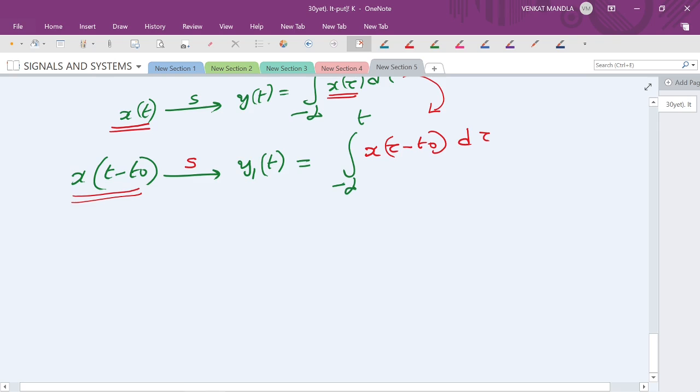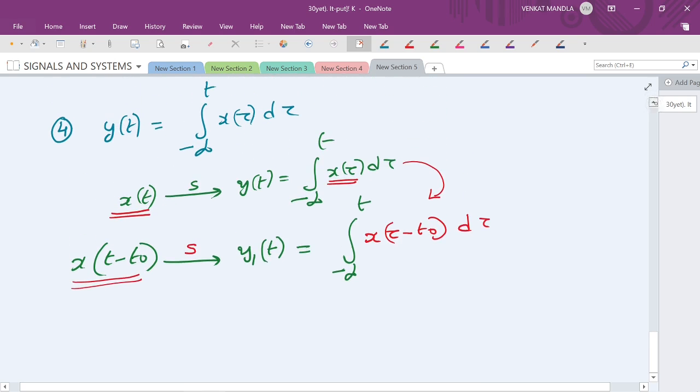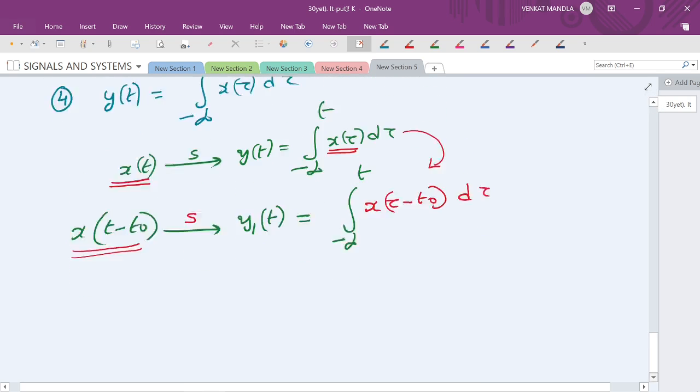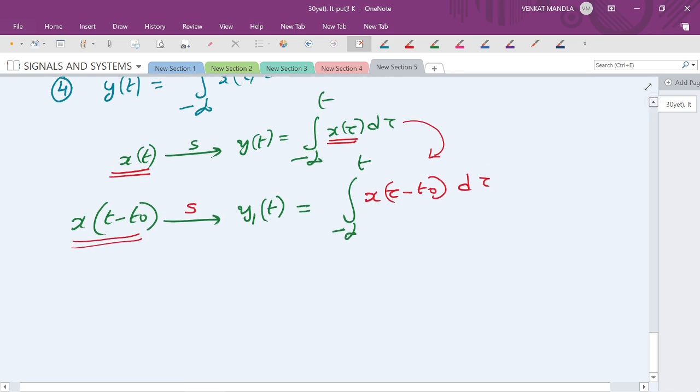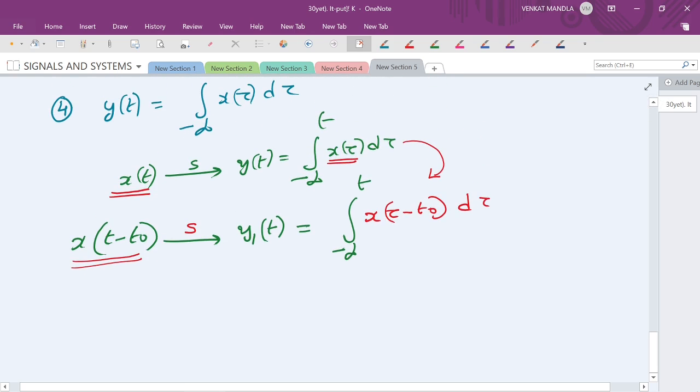Now I will apply a delay in the output. This is y(t), the output. With the delay, y(t minus t naught) equals the integral from minus infinity to, wherever t is there, replace t by t minus t naught, of x(tau) d tau.